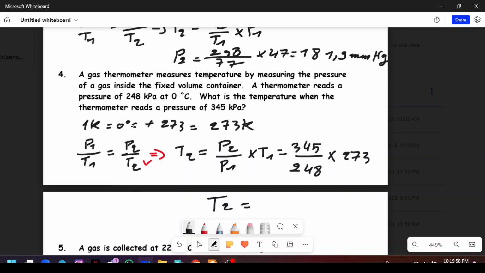This would be equal to 379.8 Kelvin, or equal to 106.8 degrees C.